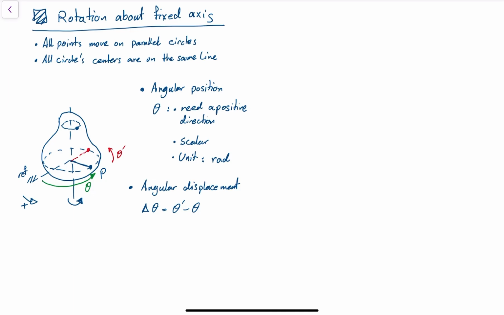In other words, in general, delta theta 1 plus delta theta 2 is not the same as delta theta 2 plus delta theta 1. And to test it, pick up a textbook or your phone or whatever and do two finite rotations.